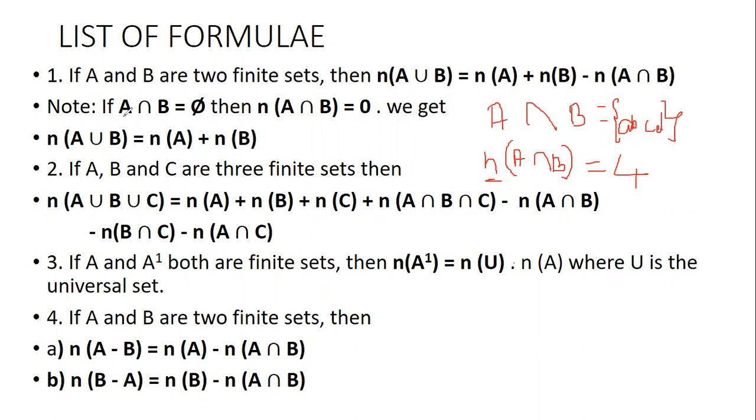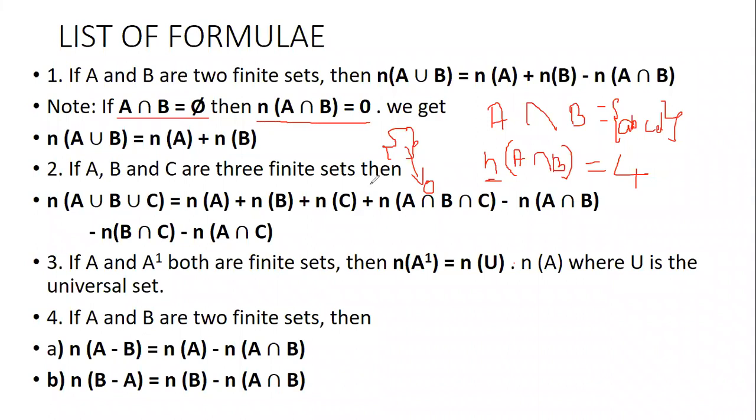Now please see here, A intersection B is a null set. Null set means there are no elements in the set, which is nothing but when the set is empty, I can say there are 0 elements. So n of A intersection B is 0.